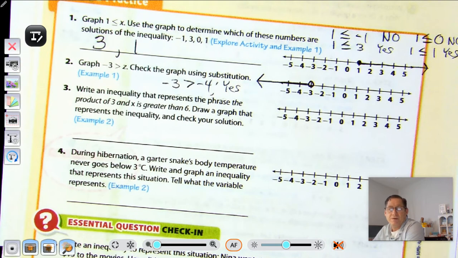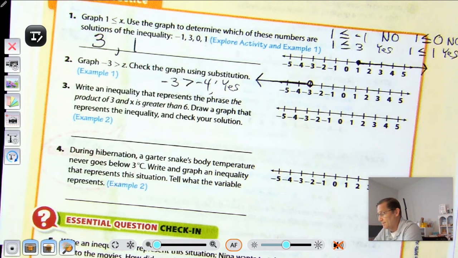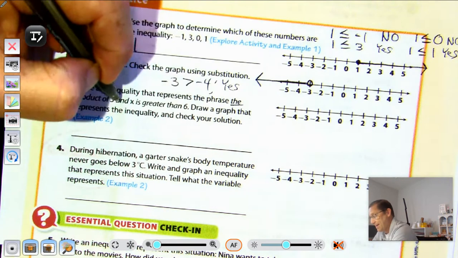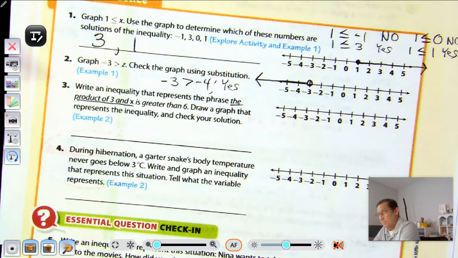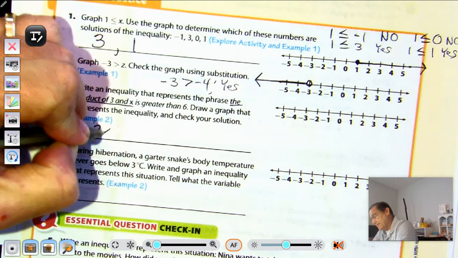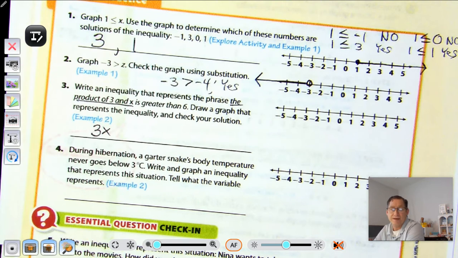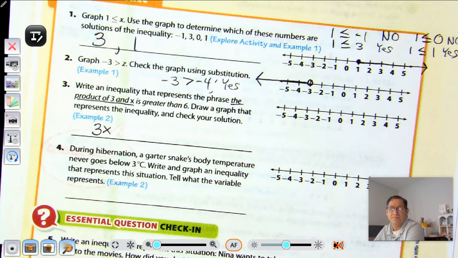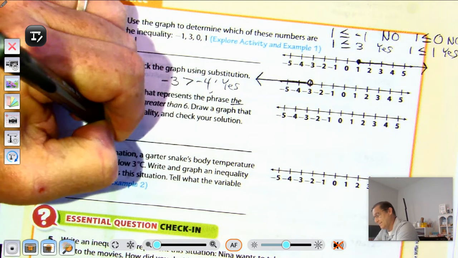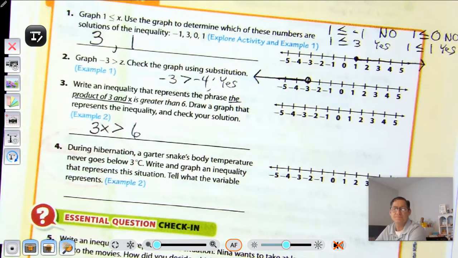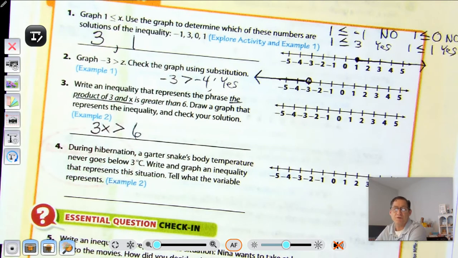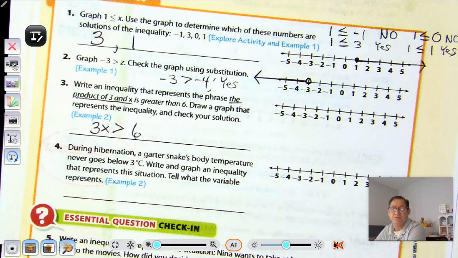Write an inequality that represents the phrase, the product of 3 and x. Well, we represent the product of 3 and x as 3 times x, 3 with the variable right next to the number 3, is greater than 6. Okay, so draw a graph that represents the inequality and check your solution.